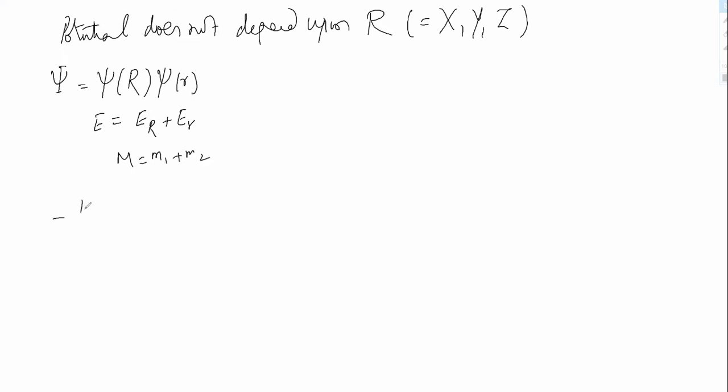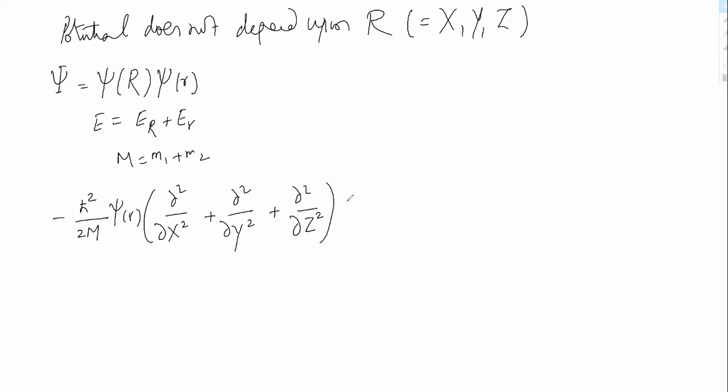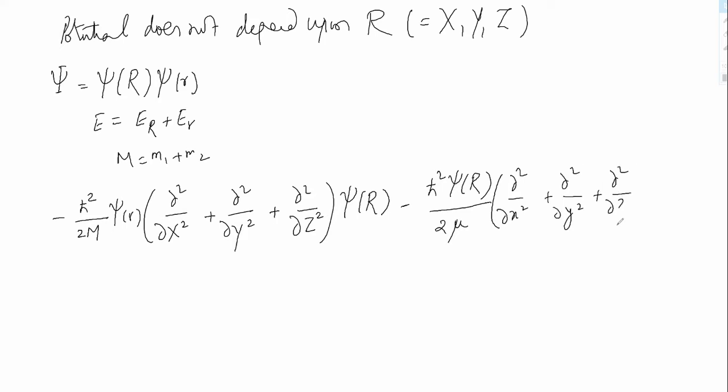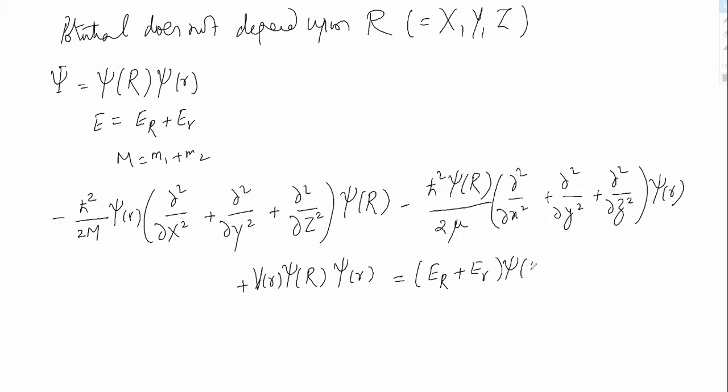Then what you get is minus h square by twice M psi of small r, del square by del x square plus del square by del y square plus del square by del z square, psi of capital R, minus h square by twice mu, psi of capital R, del square by del x square plus del square by del y square plus del square by del z square, psi of small r, plus the potential, which depends only on the relative coordinate, V(r) psi(R) psi(r), is equal to E_R plus E_r times psi(R) psi(r).